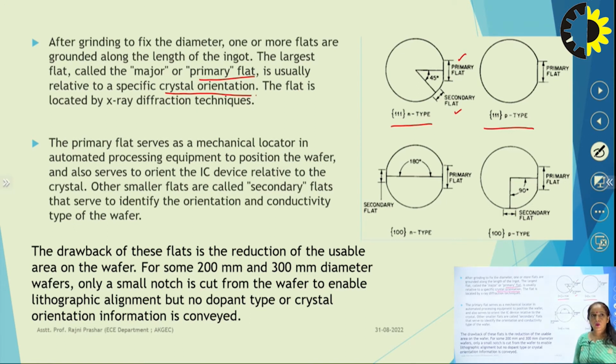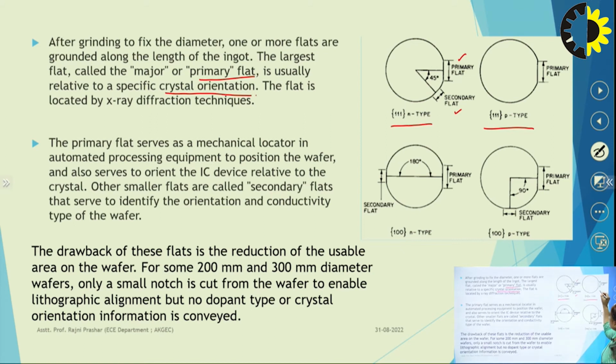And we have another flat, the secondary flat, which is used to identify the orientation and the conductivity of the wafer. In this diagram we can see that if your primary flat is on the right side and at 45 degrees we have the secondary flat, we have 111 orientation and it is N type.